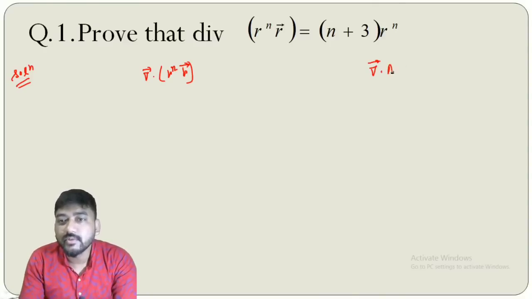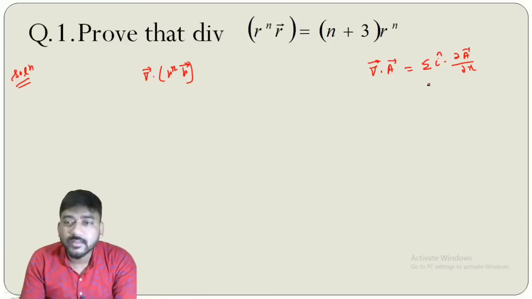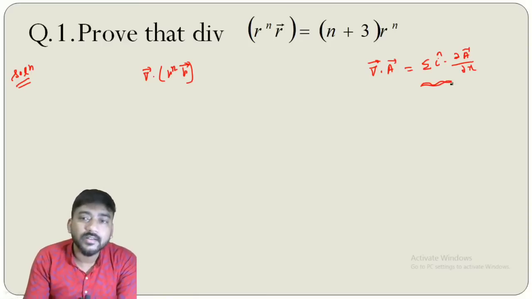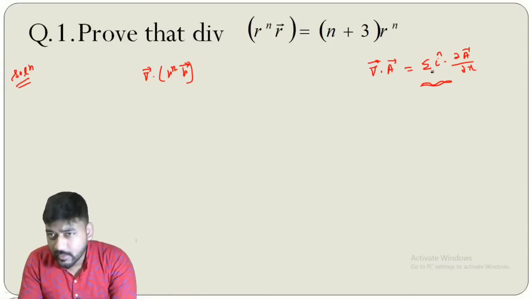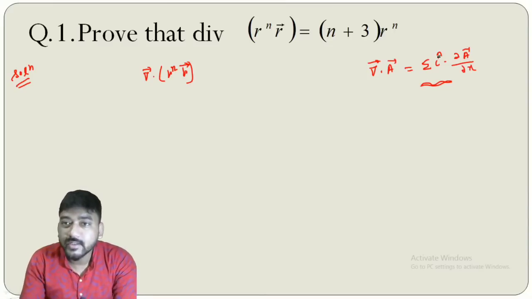The divergence of A, as we defined earlier, is nothing but summation i cap dot del A upon del x. This is the divergence of any vector function A, and this is the short notation I mentioned earlier. In this notation, it is just like del by del x i cap plus del by del y j cap plus del by del z k cap.